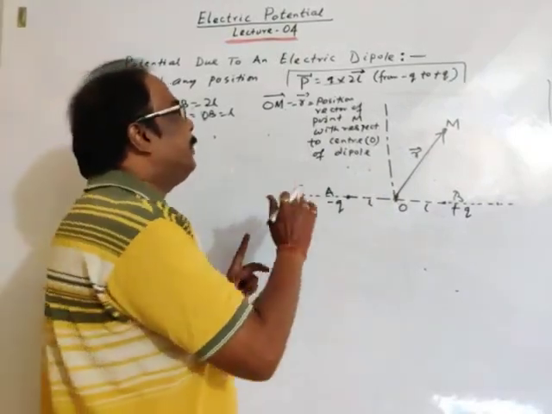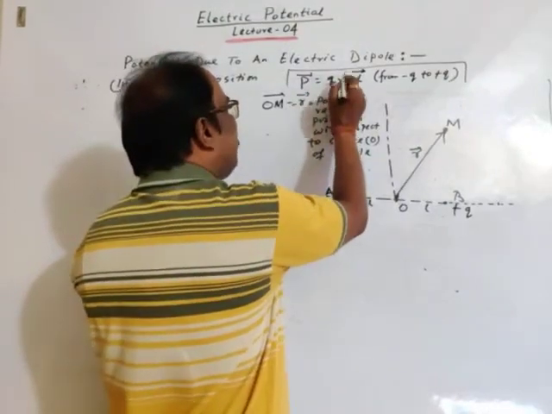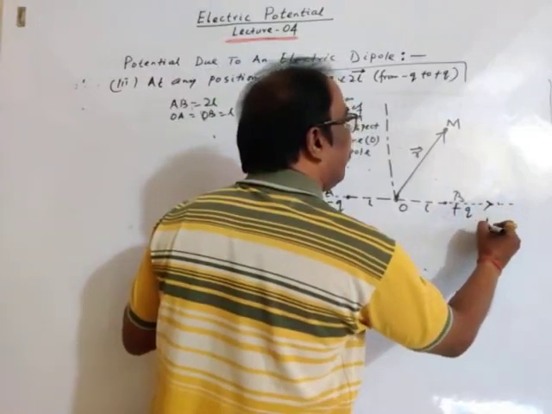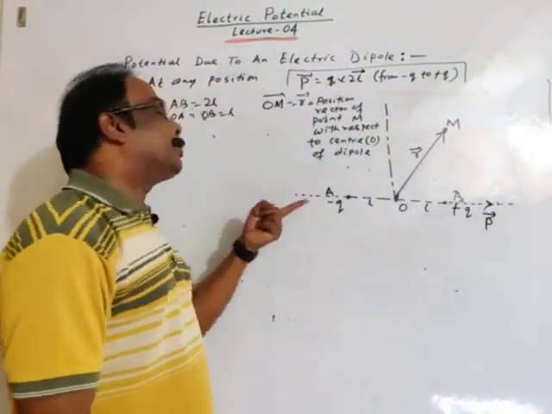As we know, the direction of the dipole moment is from minus q to plus q. This is the direction of the dipole moment, P. Let the angle between R and P be theta. Let the angle between the position vector and the dipole moment be theta.